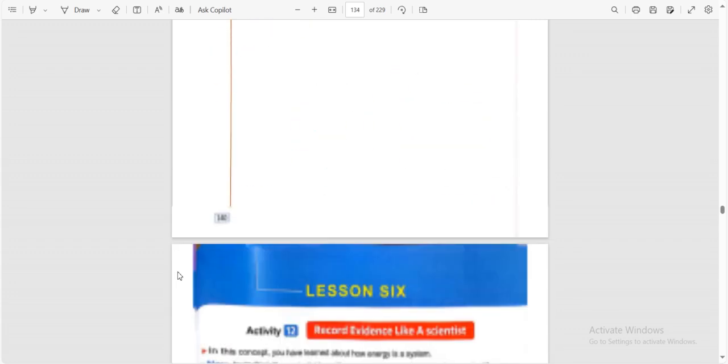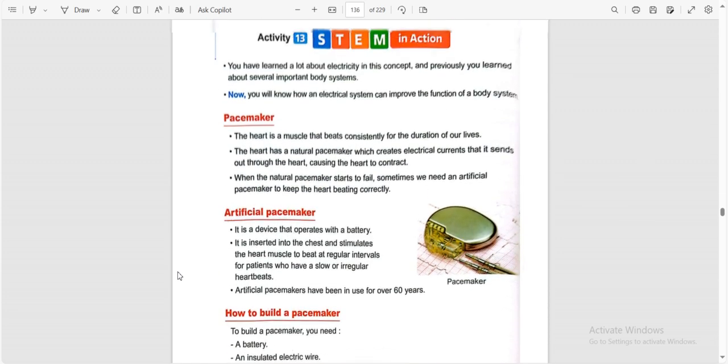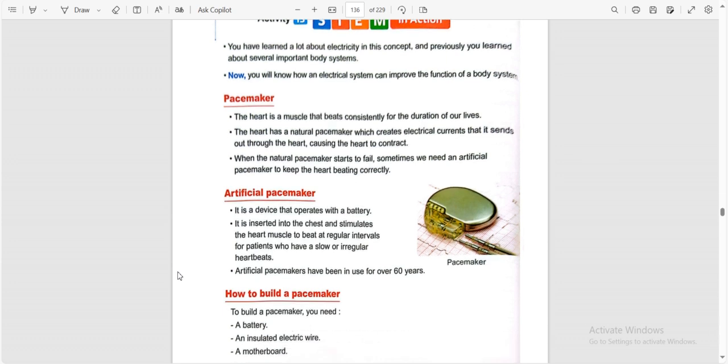Moving on to the last lesson of this concept, we study a device that is helping humans when they have a problem in their heart. So naturally, the heart is a muscle that beats continually. We know that from the last concept. And it does this for the whole duration of our life.